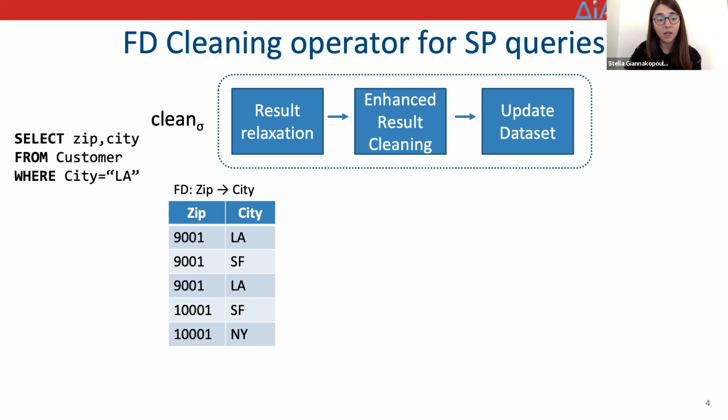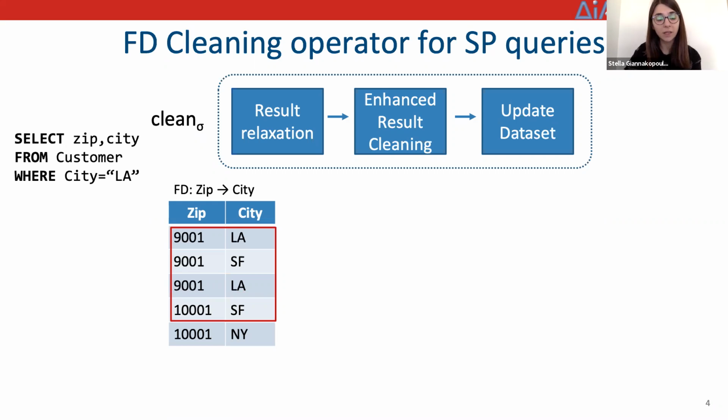Let's suppose that we need the information about the customers that live in Los Angeles. So the query result would first bring the first and the third tuple, and then using transitive closure, we start bringing correlated tuples. So first we bring the second tuple, since it also has the zip code 9001.